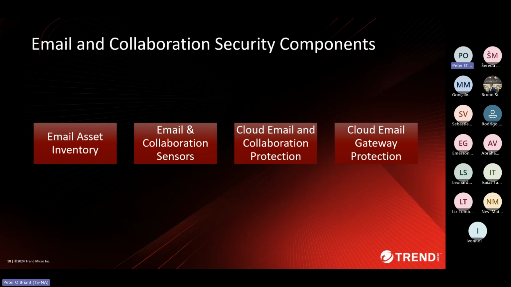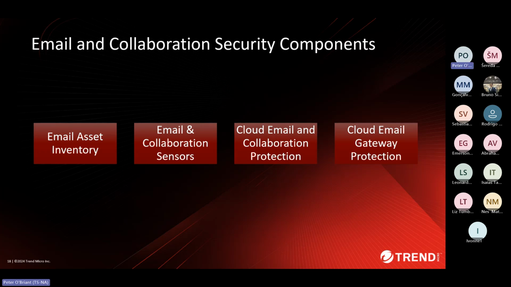So for the email asset inventory, that's going to allow you to manage your email assets in the environment. So including email accounts, domains, the email servers, and then you can take action on those accounts that have issues, not to mention view the detailed information about the email accounts and domains, as well as the protection policies.